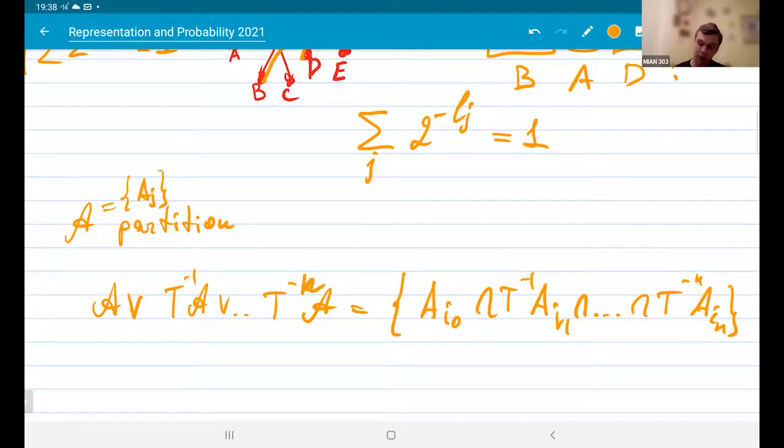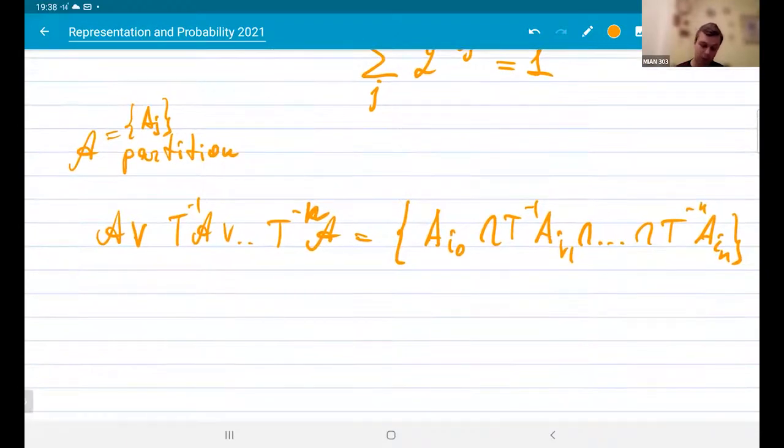And then I can calculate the entropy of these partitions.